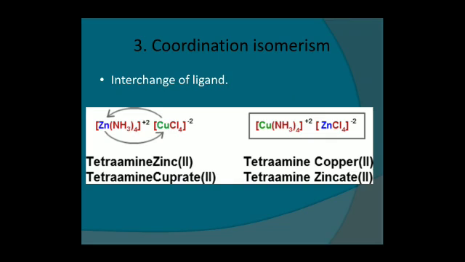Next is coordination isomerism. This type of isomerism arises from the interchange of ligands between cationic and anionic entities of different metal ions present in a complex.